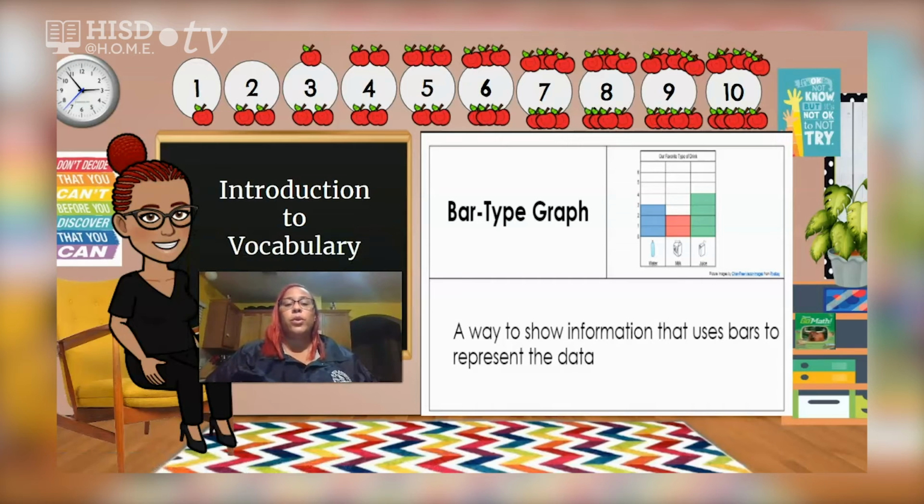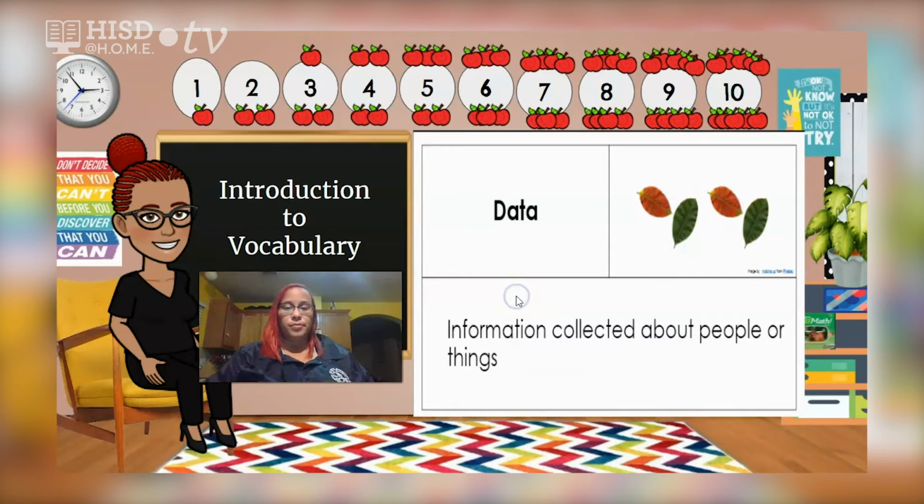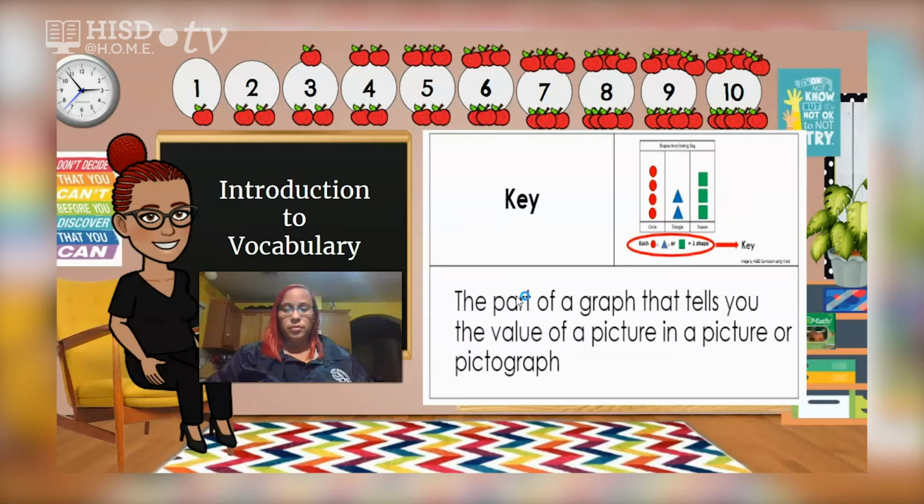Here is some of the vocabulary words that you're going to hear in today's lesson, boys and girls. You're going to hear the word bar graph, a way to show information that uses bars to represent the data. Data. Data is information collected about people or things. A key.